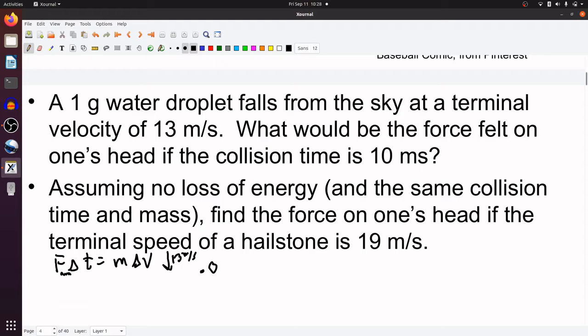And so let's do this. Okay, so that gives me F average, is what we're looking for. The change in time is going to be 0.01 seconds now. The mass is going to be, it's in grams, so 0.001 kilogram.